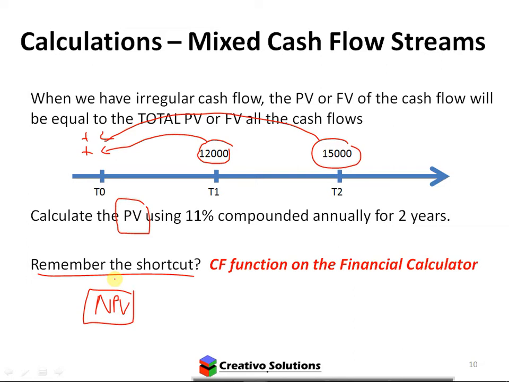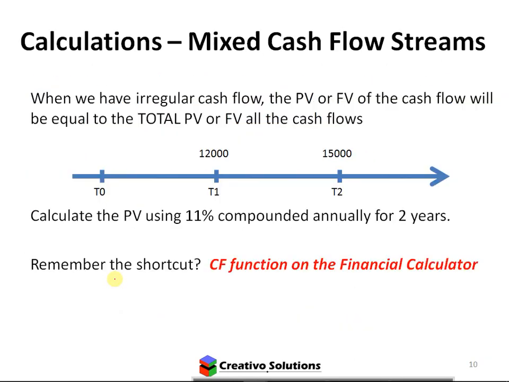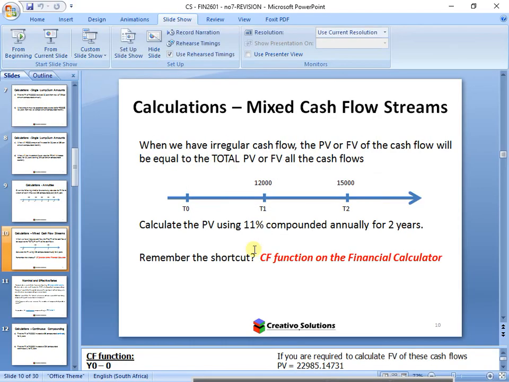I get 22985.1473. Is that right? Do you get the same thing? Let's see who's right. 22985.